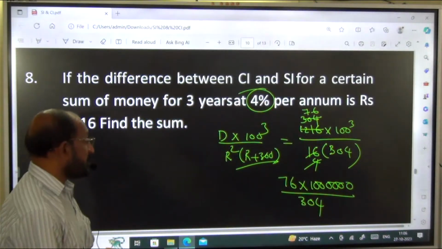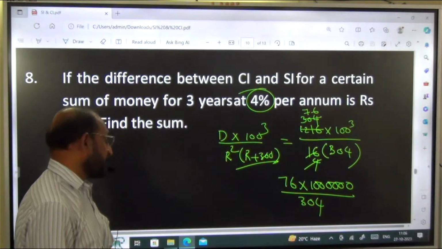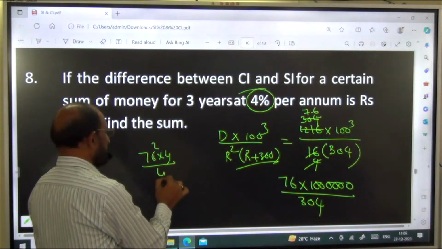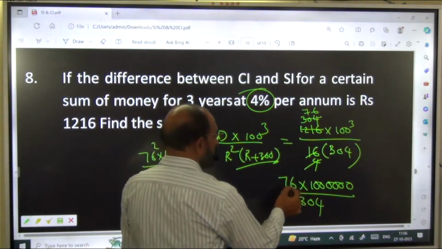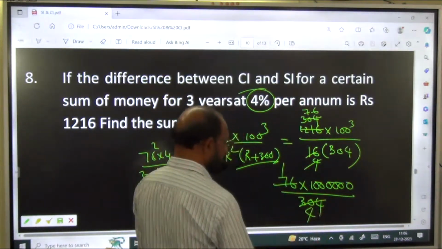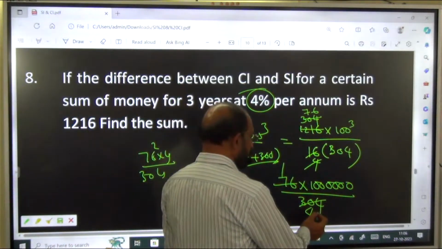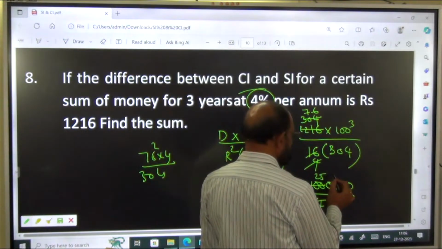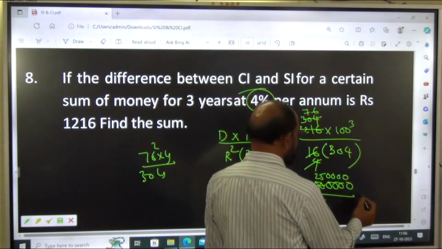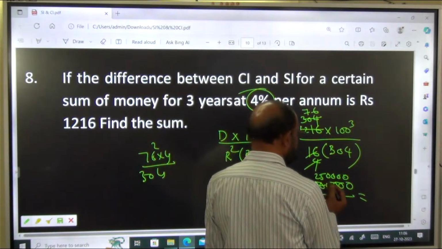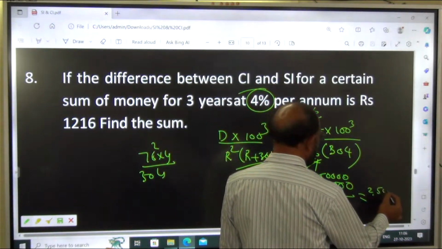I think 76 is 4 times 304. 76 into 4, 304. So ones and fours, 4 into 25. 4 ones, 4 25s. 1, 2, 3, 4 zeros. Ones, tens, 2 lakhs, 50,000.